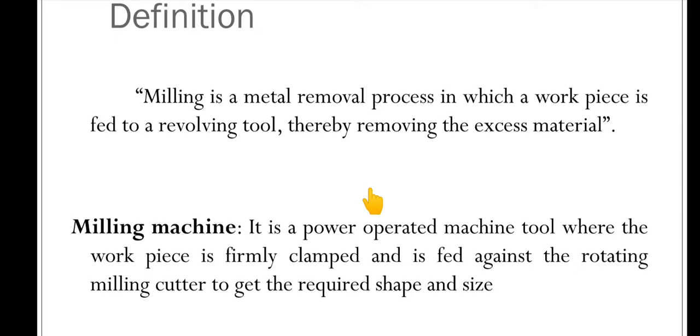The difference between lathe and milling is, in the lathe we fix the tool and the workpiece will be rotating. We feed the fixed tool against the rotating workpiece, so we get the metal removal. But the milling process is the reverse. The workpiece is stationary, and the tool will be rotating.